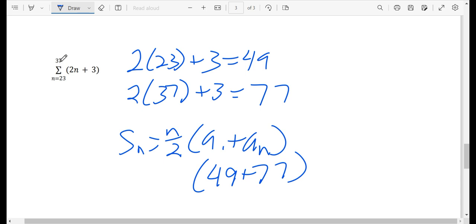No, add 1 to that, because it's like if you were to count up from 23 to 37, you're going to end up getting 15, not 14. So your n is always going to be 1 more than if you were to subtract them. So it'll be 15 over 2 equals s sub n. And if you take care of this, what do you get? 945.